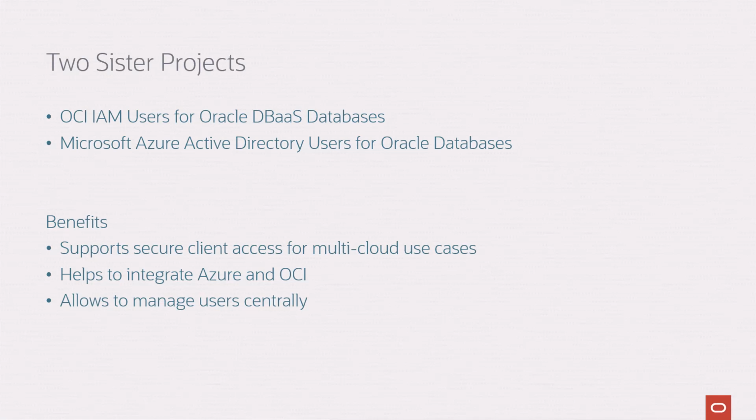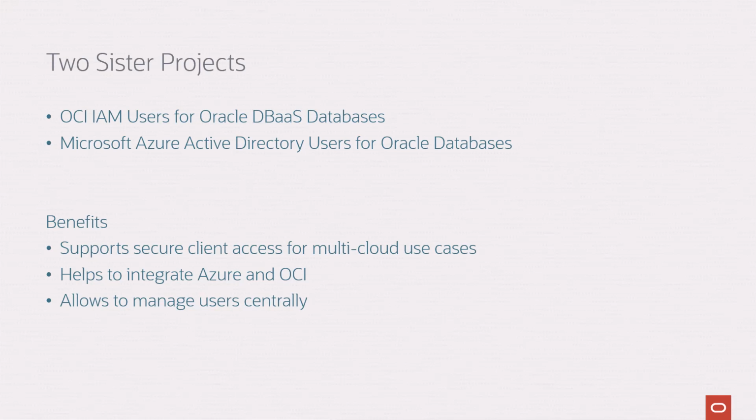So in fact, there were two sister projects making progress along the same lines, and both are about identifying database users externally through an external directory service. And we consider two of these directory services.